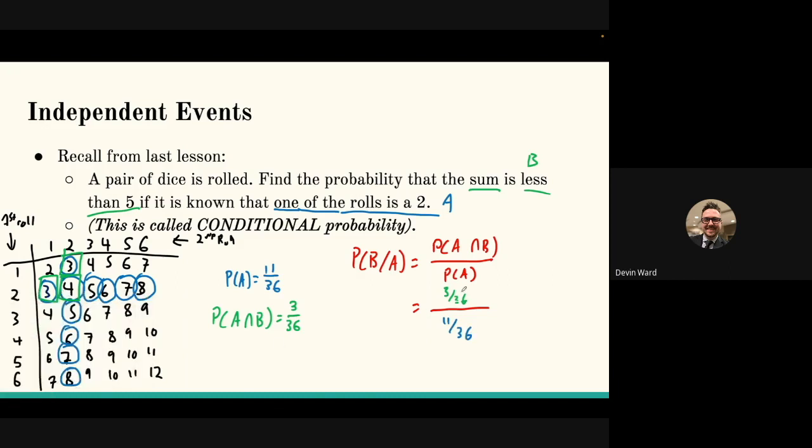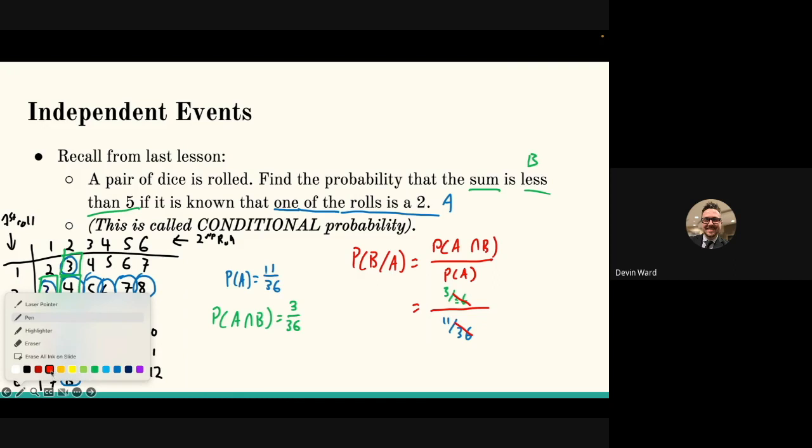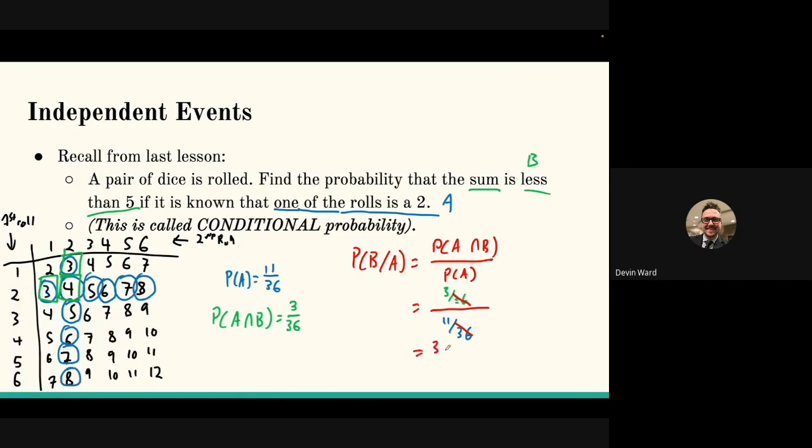If we have the same denominator in both spots, we can cancel them out. And we will just be left with 3 out of 11, and that's already in lowest terms. So the probability of B given A is 3 over 11. Remember, this is conditional probability.